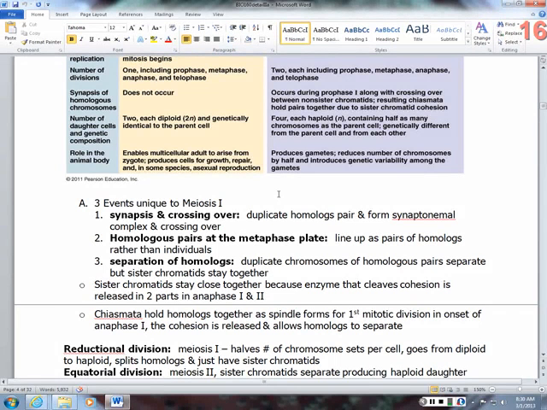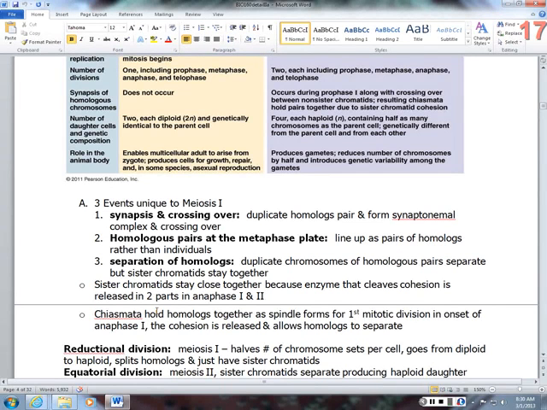The homologous pairs at the metaphase plate are going to line up as pairs of homologs rather than as individuals. And then you're going to have separation of homologs where the duplicate chromosomes of the homologous pairs separate. You don't have those pairs of homologs to separate in mitosis. So your sister chromatids are going to stay close together because the enzyme that is going to cleave the cohesin that holds them together is not going to be released until parts of anaphase 1 and 2.